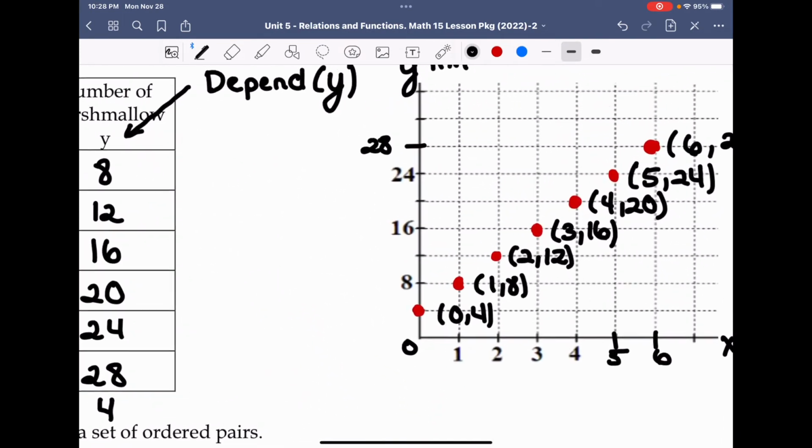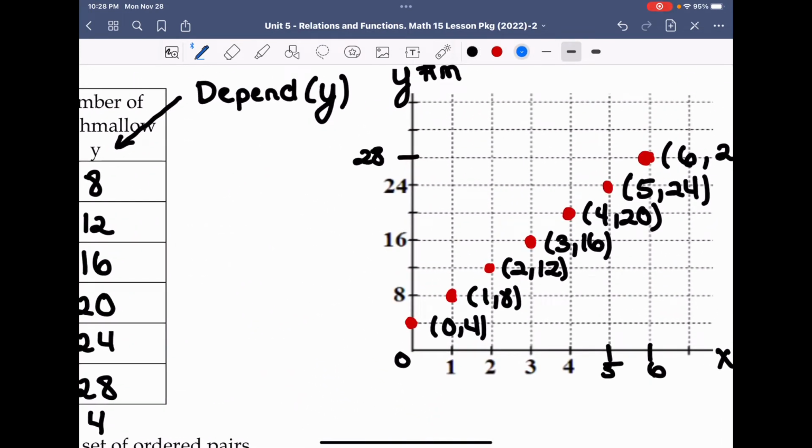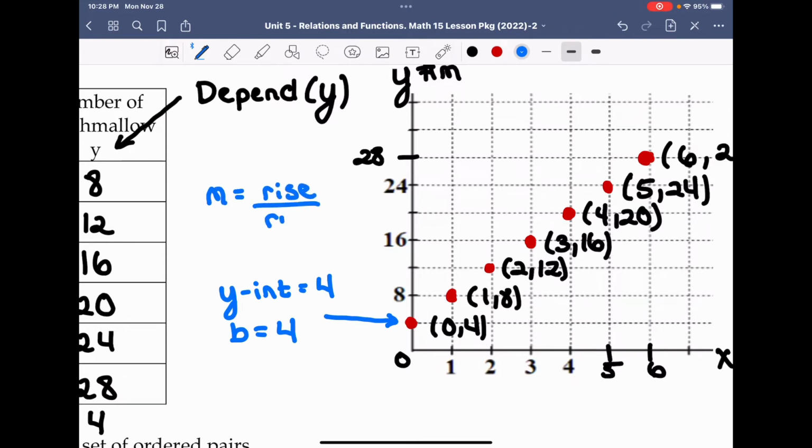In blue, what we're going to do is label the couple details we have. Our y-intercept, or where it crosses the y-axis, occurs right here. Our y-intercept is equal to 4, and that's representative of our b value is 4. Our slope is always represented by rise over run.